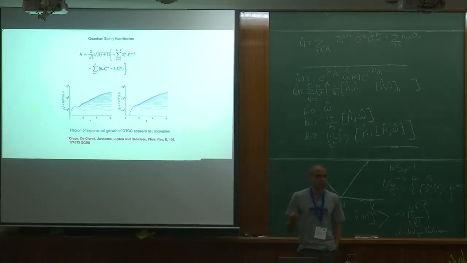And so this demonstrates that as you increase the value of the spin, the magnitude of the spin, you can actually start accessing an exponential region and pull out a Lyapunov exponent. And this is the way you can get to a semi-classical limit for a spin chain. But there is really no semi-classical limit for a spin half spin chain or a spin one spin chain.